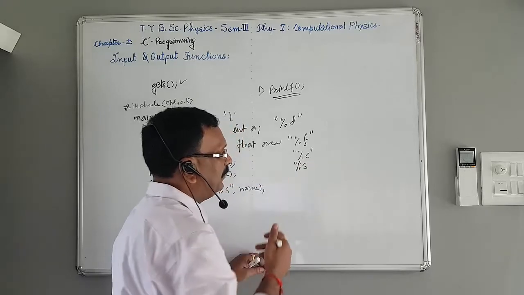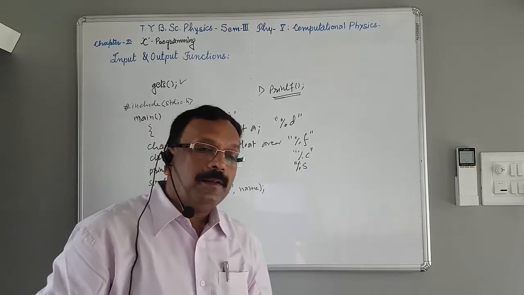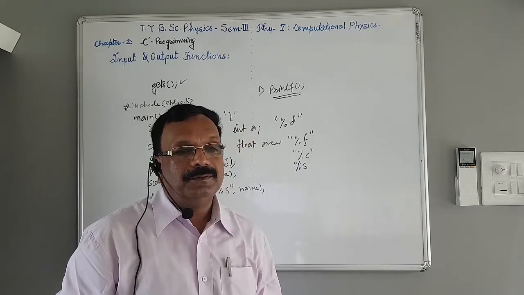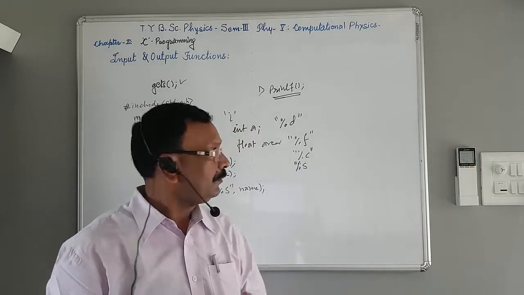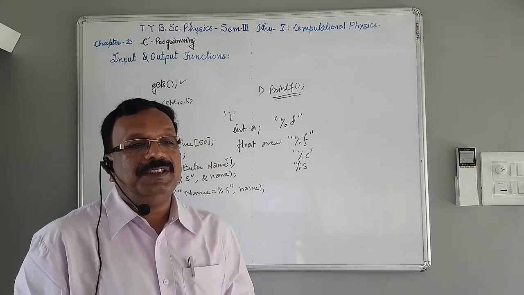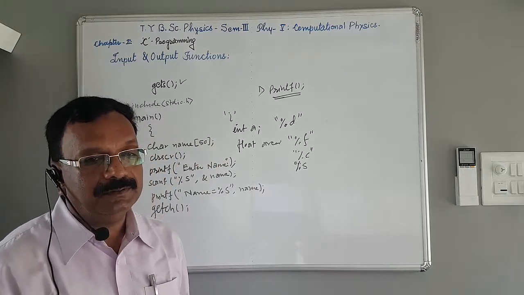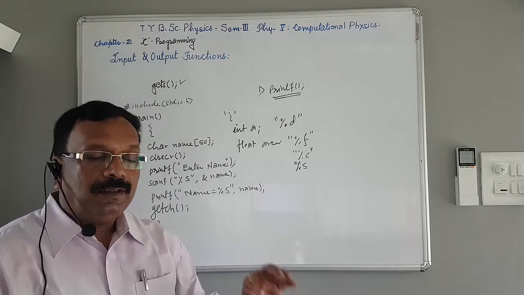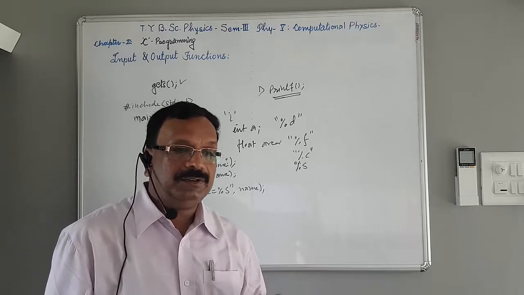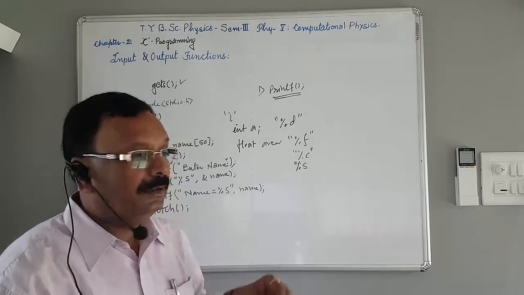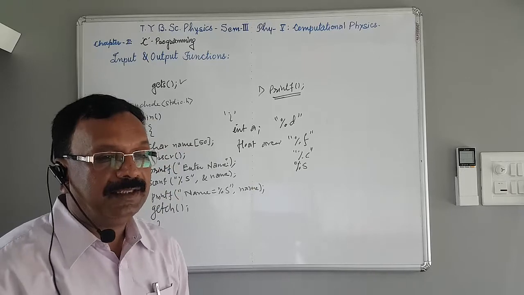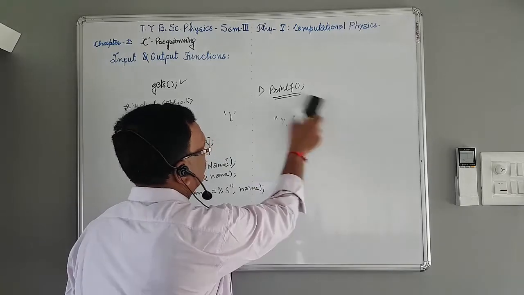Just like the scanf function, there are many types of commonly used format specifiers in printf functions: double, long double, and so on. Now consider a simple example program.